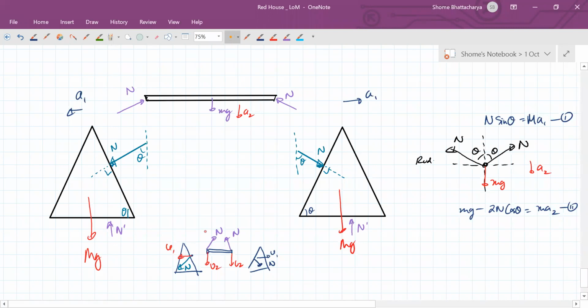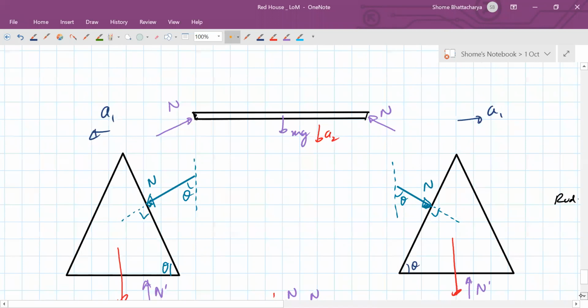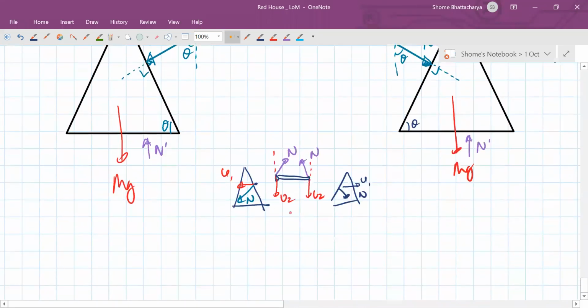So when you apply the virtual power method, just magnify this a little. You can see here that this angle will be 37 degrees, because with the vertical this was 53. This angle will be 37 degrees, whereas here this angle will be 53.